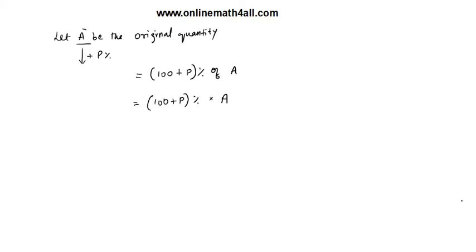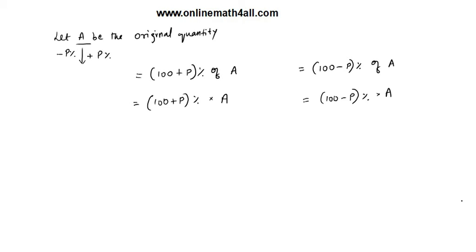In case the original quantity A is decreased by P percentage, the formula to find the new quantity is 100 minus P percentage of A, or 100 minus P percentage times A. So when the given quantity is increased by P percentage, the P has to be added to 100. If it is decreased by P percentage, then the P has to be subtracted from 100.